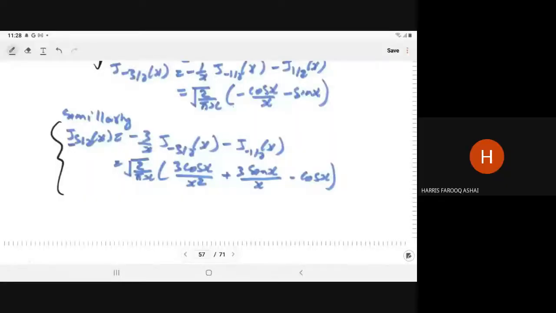So ultimately you will get the value of j minus 5 by 2. When we put p is equal to minus 3 by 2 in recurrence relation 6, you get this relation, and after putting the values of j minus 3 by 2 and j minus 1 by 2, you get this relation. So higher order Bessel functions you can determine.